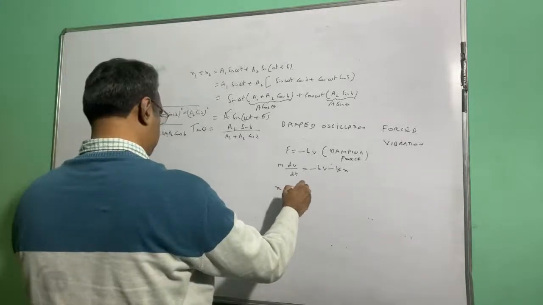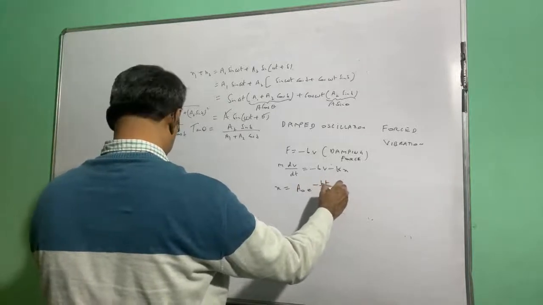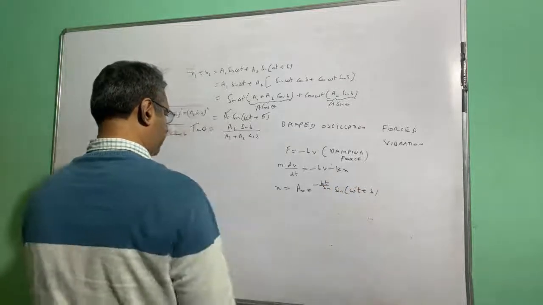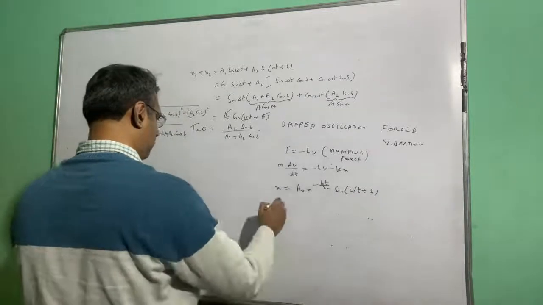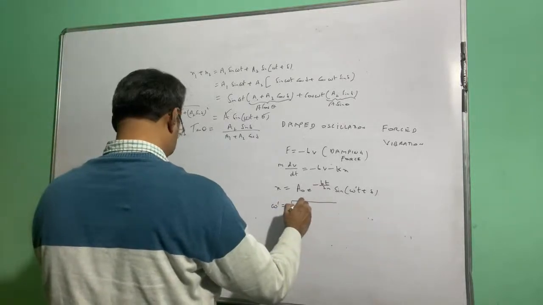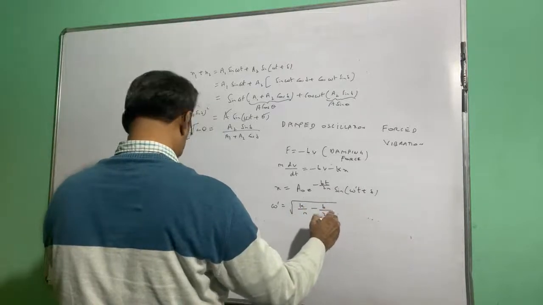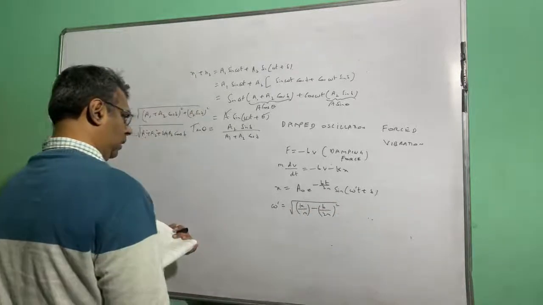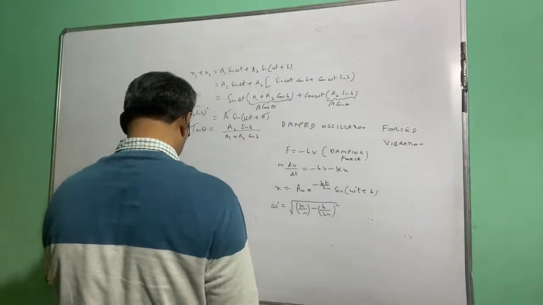So x will be equal to A0 e to the power minus bt by 2m sin(omega dash t plus delta). So omega dash, the value will be this.